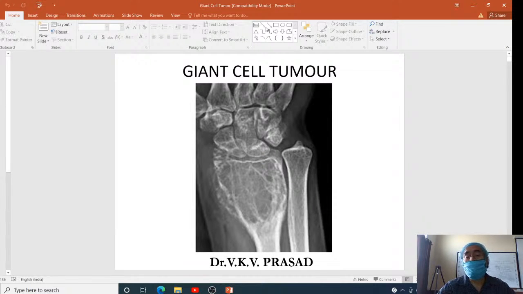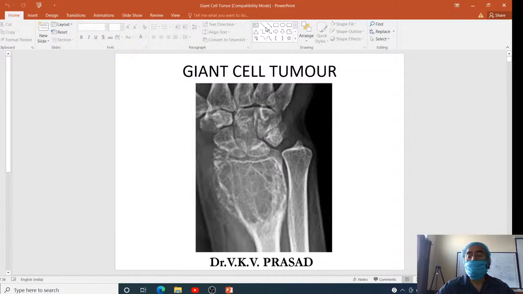Malignant or otherwise, it's a problem treating these patients. And there are very peculiar things associated with this tumor. And it is very, very important from the examination point of view also.